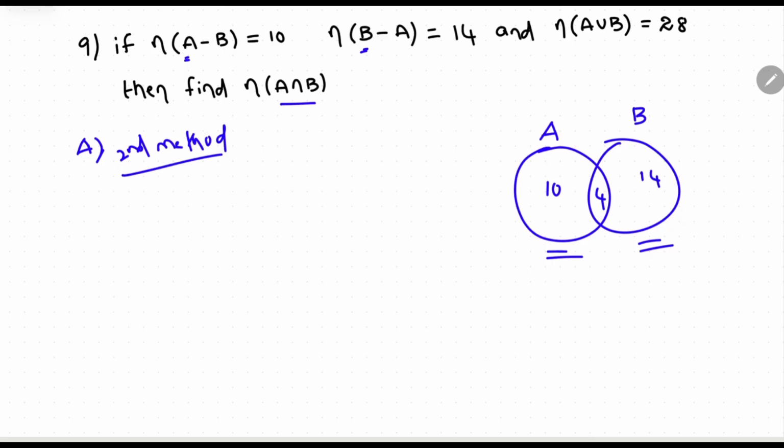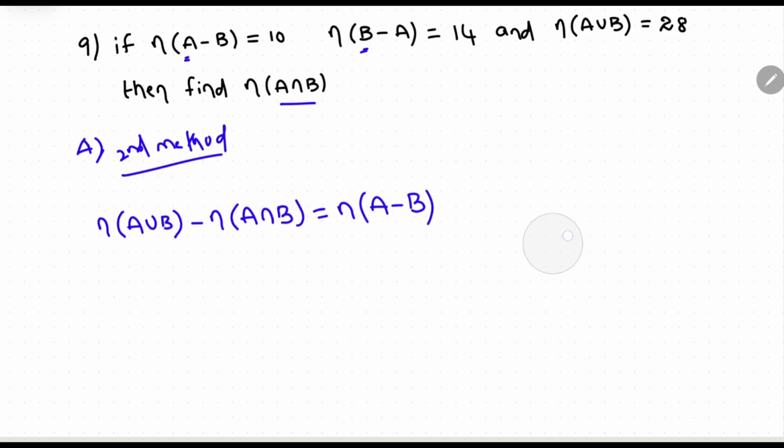By using the formula, n of A union B minus n of A intersection B equals n of A minus B plus n of B minus A. We are dealing with the formula.